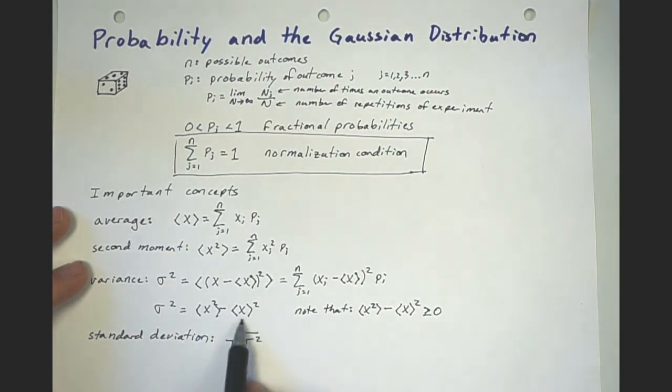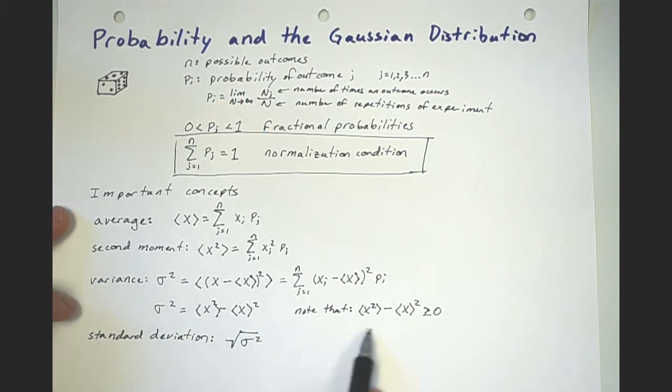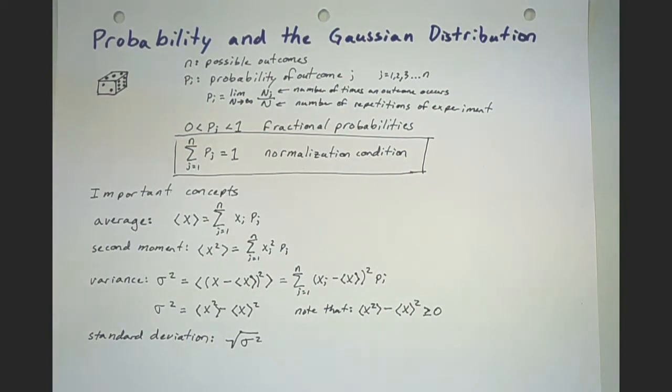So you note that these are two different things. This is the second moment minus the average squared. And the variance will always be greater than or equal to 0. The variance also is related to another important concept, the standard deviation, which is defined as the square root of the variance.